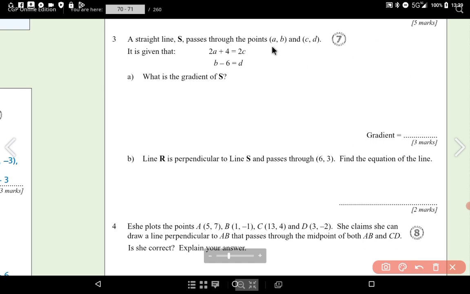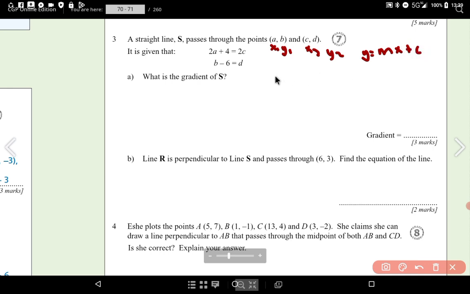So this is going to be x1, y1, and this is x2 and y2. To find the gradient, we know y is equal to mx plus c.